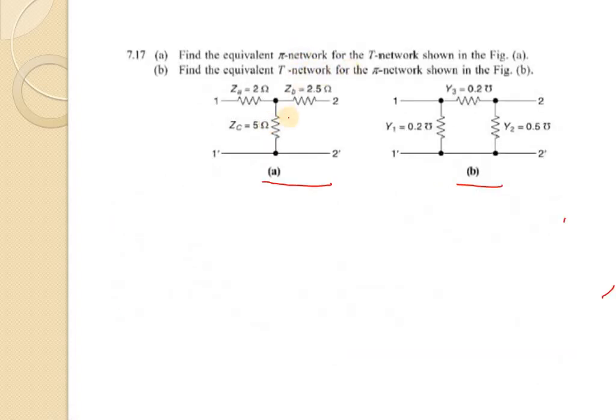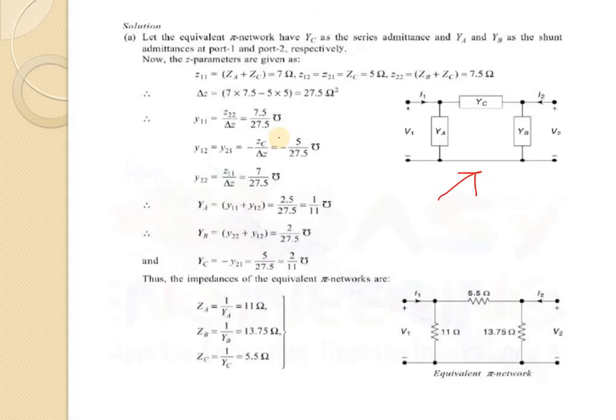And del Z equals Z11 into Z22 minus Z12 into Z21. So we have got del Z as 27.5. Now we use the direct relationship of Y and Z, that is Y11 equals Z22 by del Z, and we get the value.